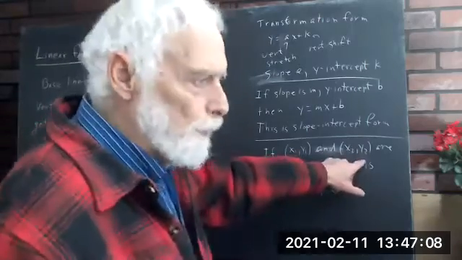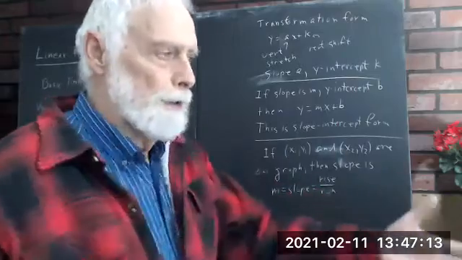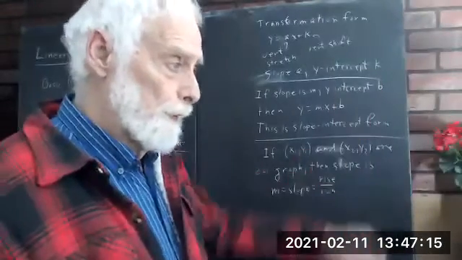If you have the coordinates of 2 points on the line, x1, y1, and x2, y2, then you can easily calculate the slope between those points.